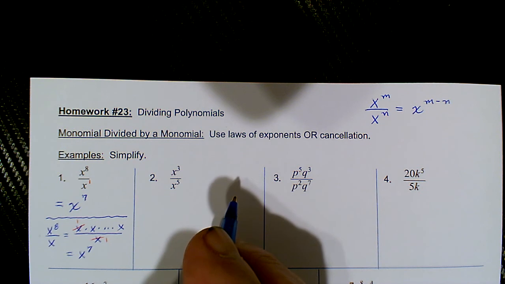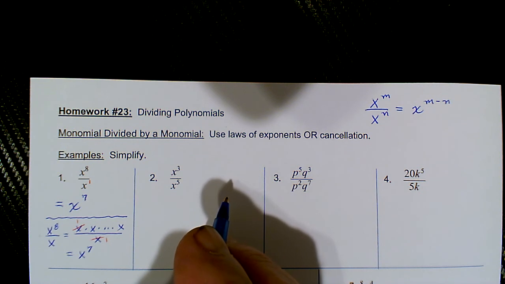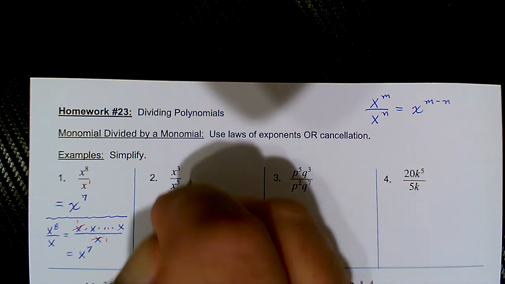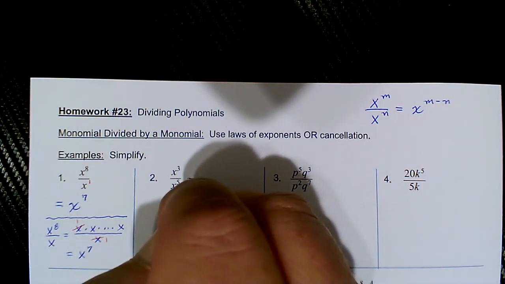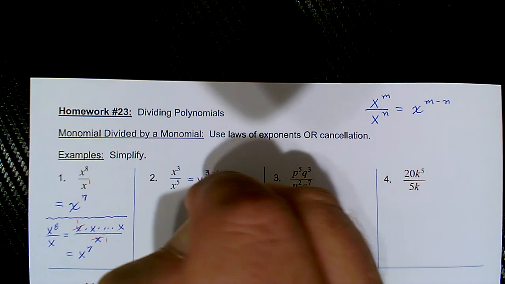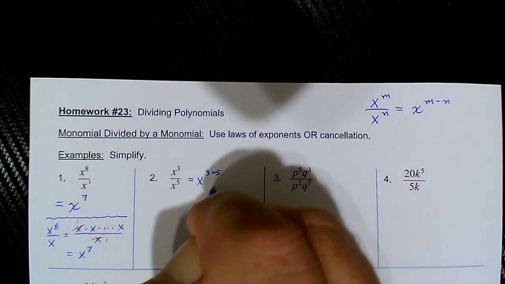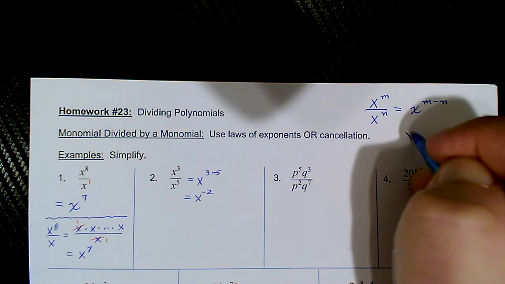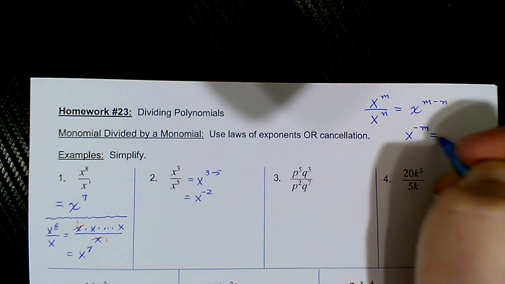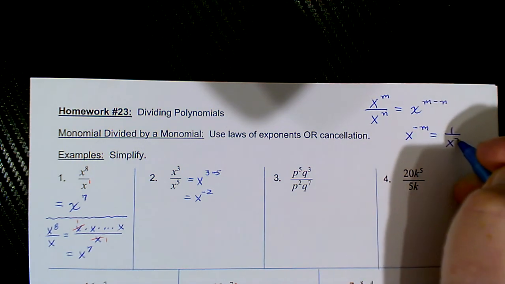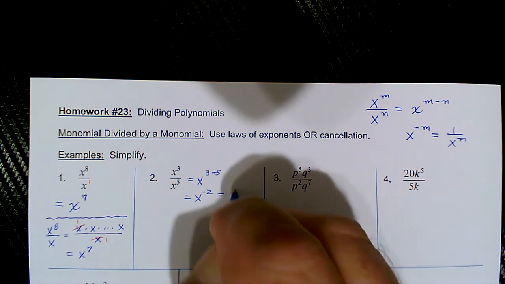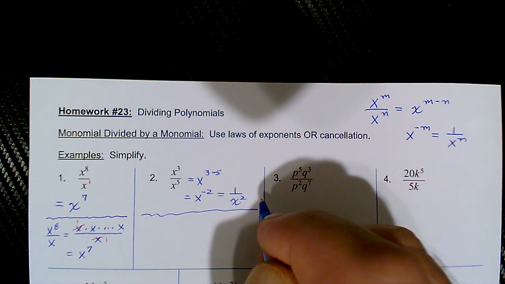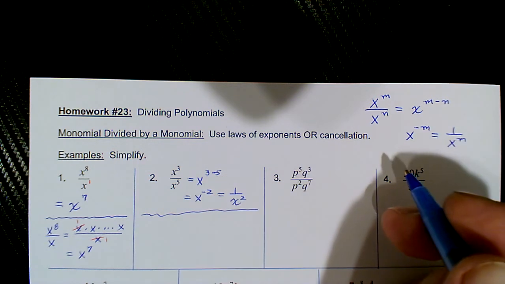So thinking about it as the division rule, we'd formally have x to the 3 minus 5, which is x to the negative 2. But then you should recall that x to the negative m, or negative exponent rule, is 1 over x to the m. So that would be 1 over x squared. So it's actually easier to think about this in terms of cancellation.